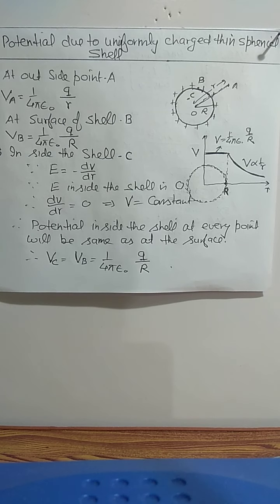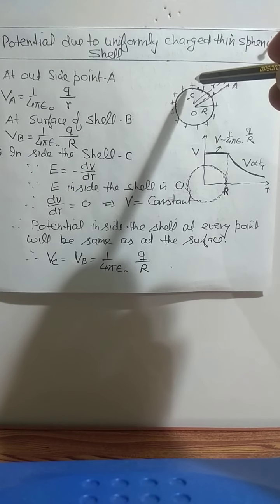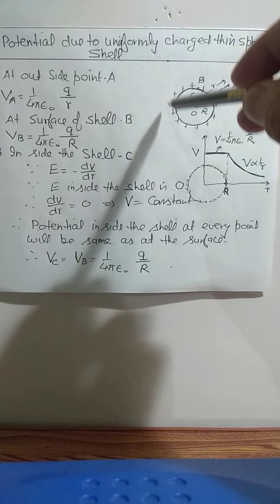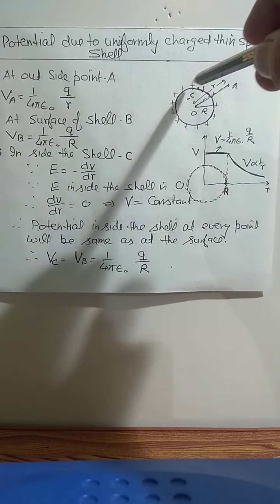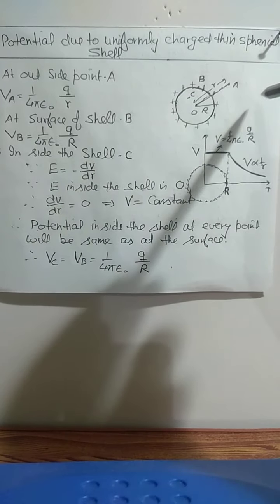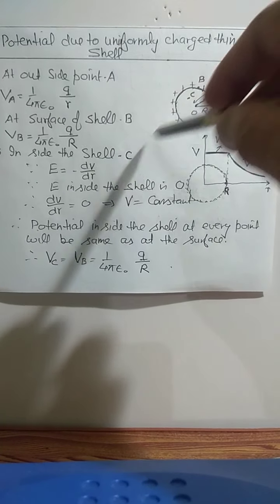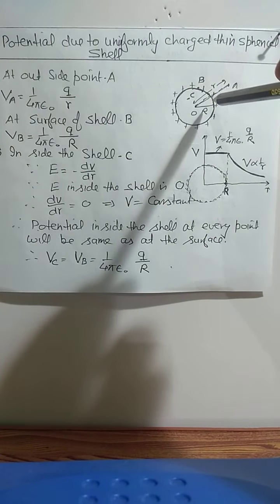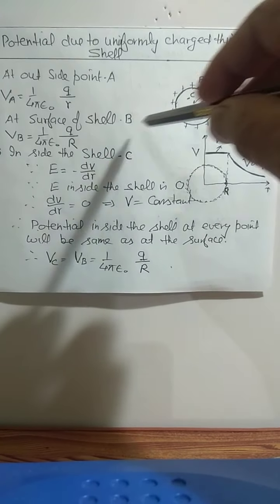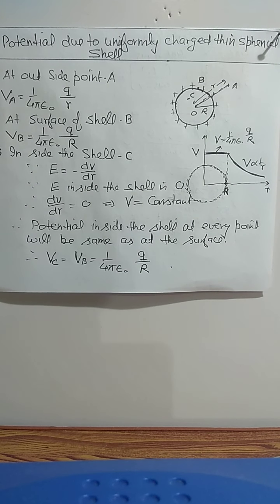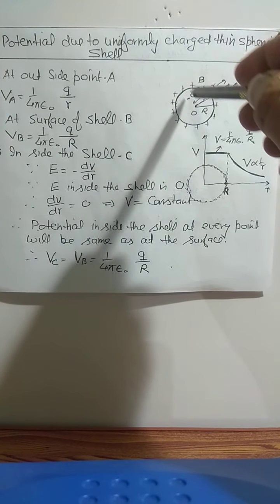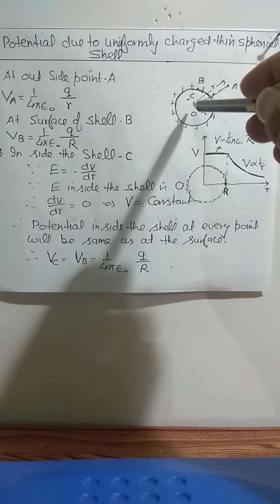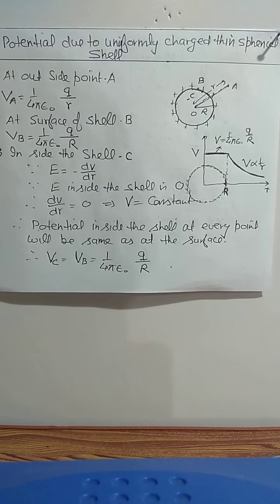Students, if we draw the lines of force from these charges, these lines will be perpendicular to the surface of the sphere. Yes, all the lines from the surface will be perpendicular to the surface and outward. When we produce these lines backward, they all will meet at the center of this shell.